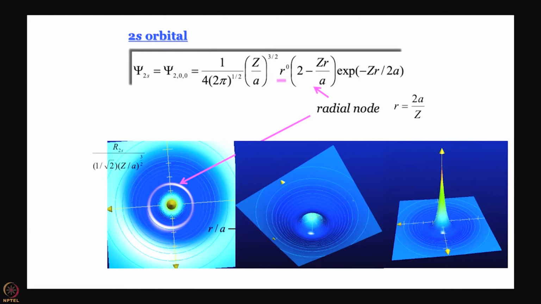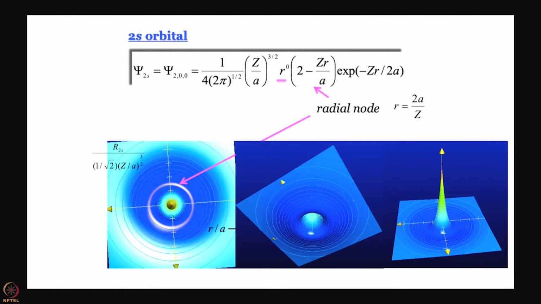So let me just modify it a little bit and say that an orbital can be used to determine the region of space where probability of finding the electron is maximum. Let me say that once again. An orbital can be used to define the region of space where probability of finding the electron with that wave function is maximum. How do you do that?